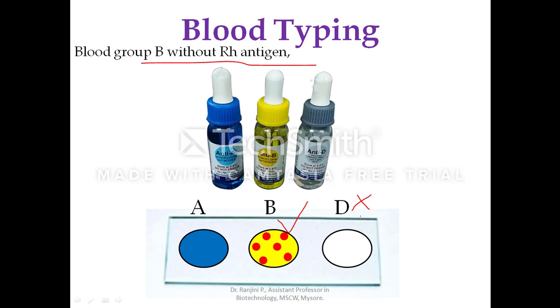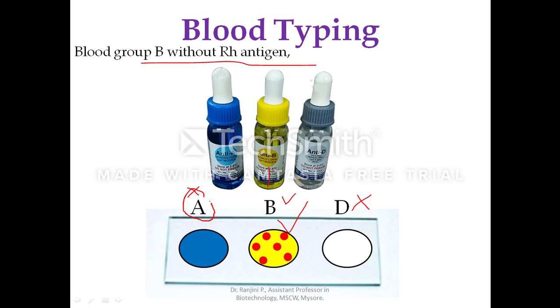That's why clumping will be absent in D as well as A, because the A antigen is not there on the surface of the B RBCs. Only the B antigen is present on the RBCs, and that will interact with the anti-B antisera.